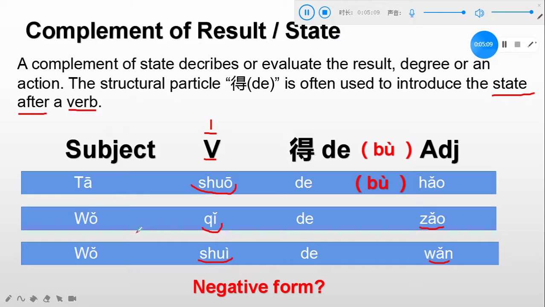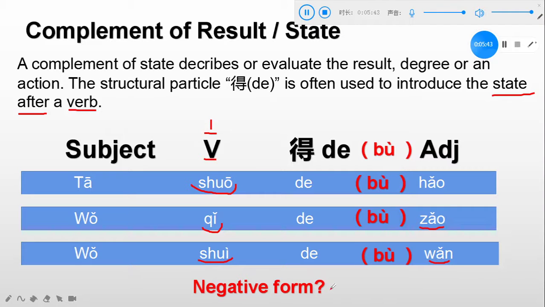Okay. 第二个，我起得早。That means I get up early. And now, what if we say I get up not early? We just put not before the adjective. So this sentence becomes 我起得不早。The last one. 我睡得晚。I sleep late. And now I sleep not late. 我睡得不晚。不晚。Okay.